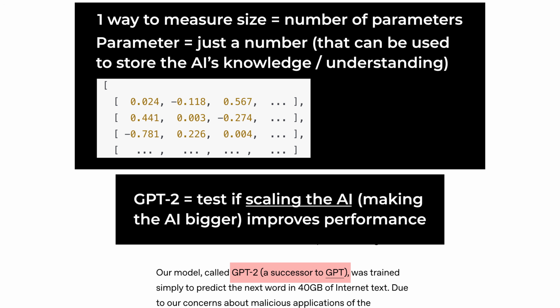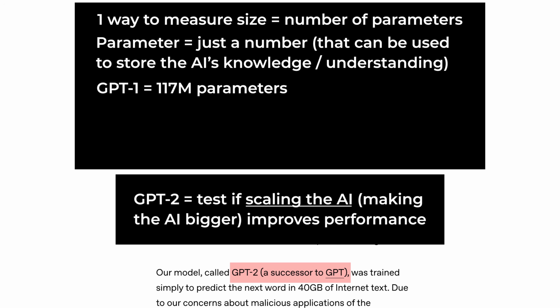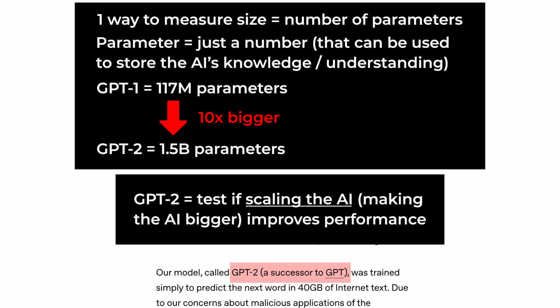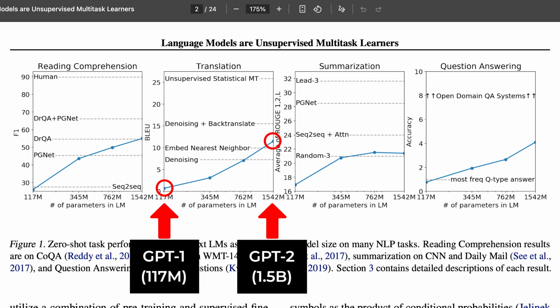So more parameters generally means the AI can understand something more deeply. GPT-1 had 117 million parameters, while GPT-2 had 1.5 billion parameters, more than 10 times bigger than GPT-1. It was also trained on about 10 times more text than GPT-1. So GPT-2 had a big jump in performance over GPT-1.